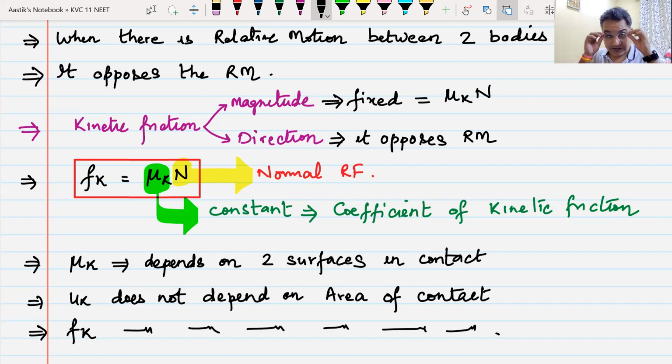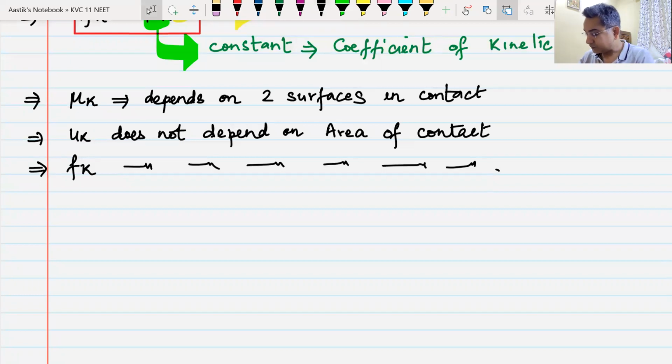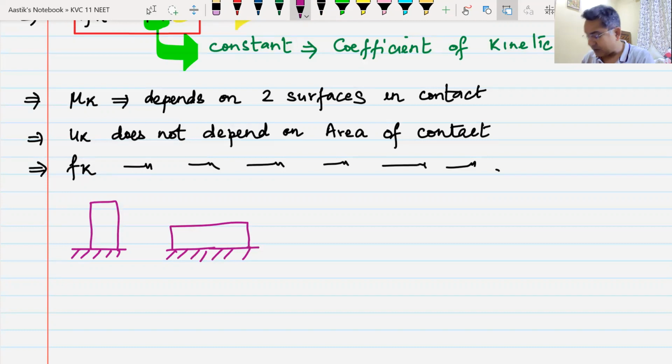If you don't change the value of mu k or n, friction remains constant. As an example, if the body is kept standing or lying, the value of friction will remain the same. Do we understand this?